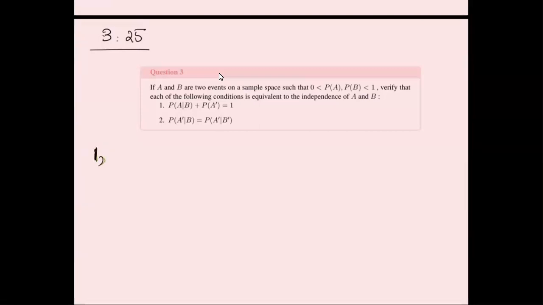Here we are having two events A and B such that the probability is between 0 and 1, not inclusively. We want to verify that the two conditions are equivalent to the independence of A and B. Independence of A and B means that the probability of the intersection is equal to probability of A times probability of B, like this.